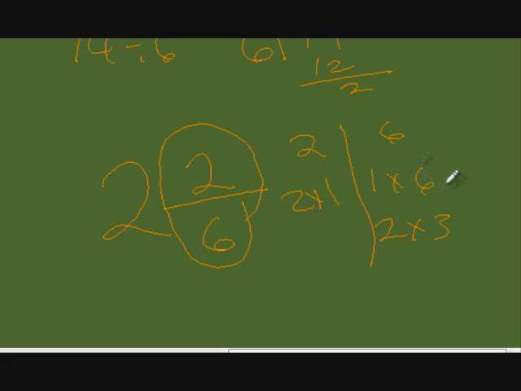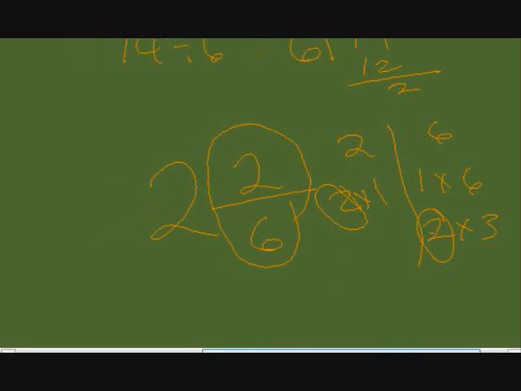What about 6? 6 is not a common factor, because 6 is in this category and not here. 2, however, is a common factor. So now we have found our common factor, and that allows us to simplify 2/6.